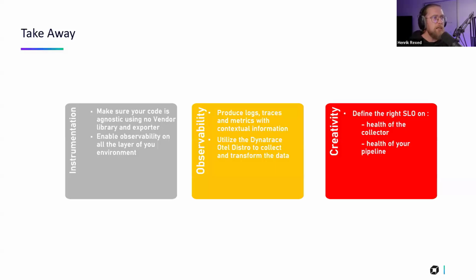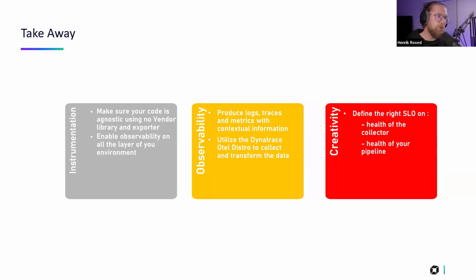As a takeaway, I would say, make sure your code is agnostic. If you start using OpenTelemetry and the collector, if you do things going through a collector, you don't have any agents in your code. It makes more sense. And then enabling observability on all the layers of your environment will be very efficient. If you do ingest data from external components, make sure to add enriched data.